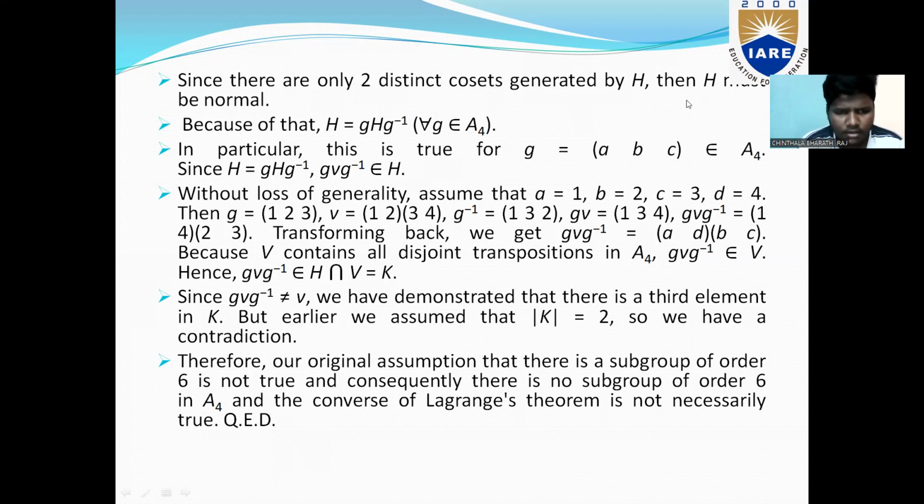So we have a contradiction. Therefore, our original assumption that there is a subgroup of order 6 is not true. Consequently, there is no subgroup of order 6 in A4, and the converse of Lagrange's theorem is not necessarily true.